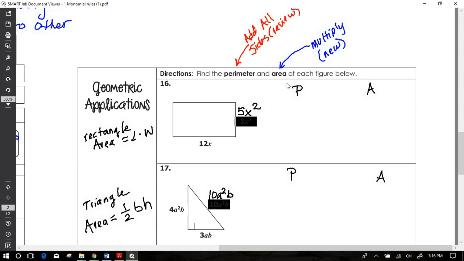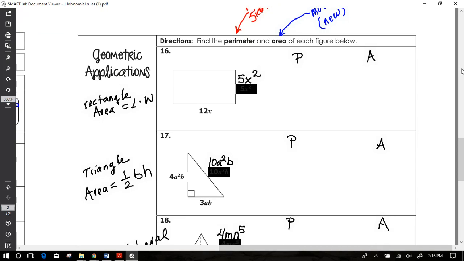So we are going to find both the perimeter and the area of each of these figures in 16 through 18, okay? So in number 16, remember the easiest thing that we can do is rewrite 5x squared and 12x. And then we can go all the way around this and add up the things that are the same.